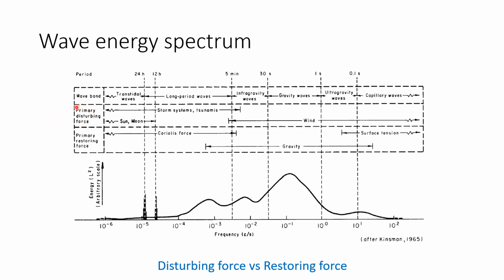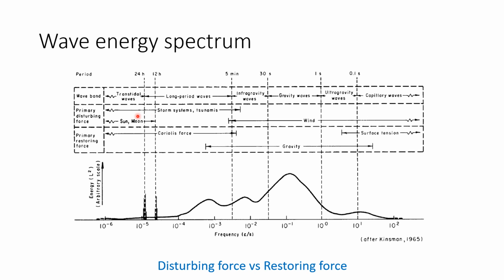So these are the disturbing force that generates the wave. Whereas in this region over here, the primary disturbing force is the wind. We also have primary disturbing force here due to storm, due to tsunami.